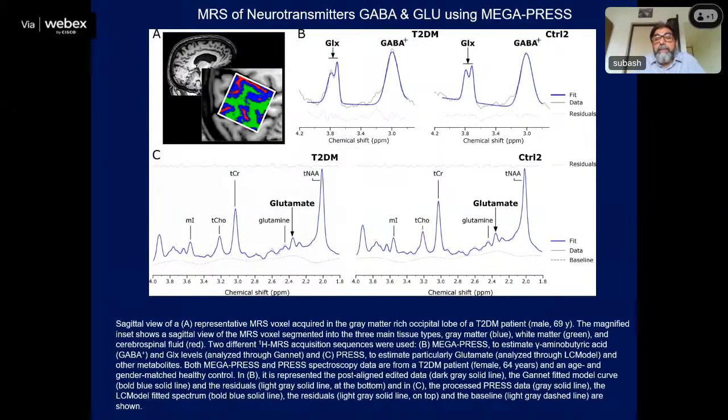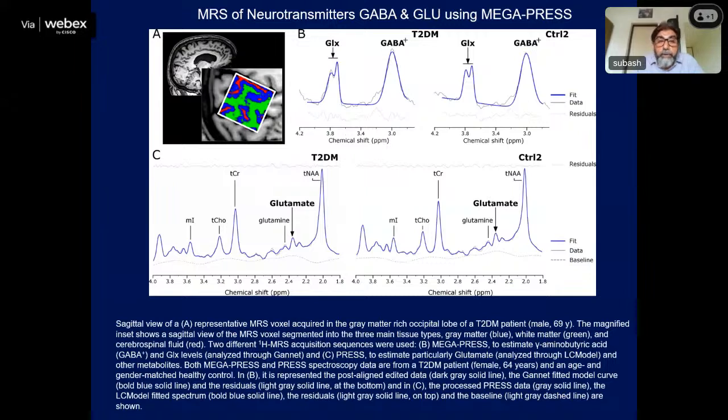Generally, the neurotransmitters cannot be visualized by conventional techniques in MR spectroscopy. But if you use special editing techniques in spectroscopy, like the MEGA-PRESS technique, you can look at GABA, glutamate, glutathione.